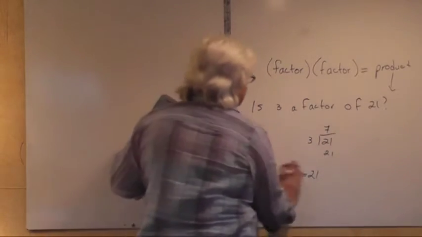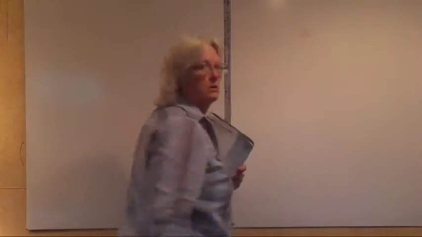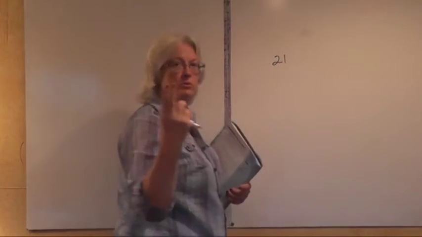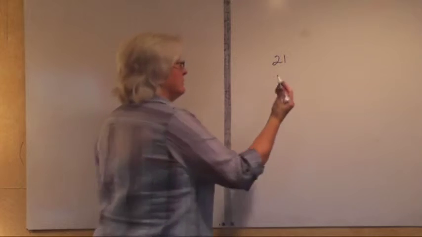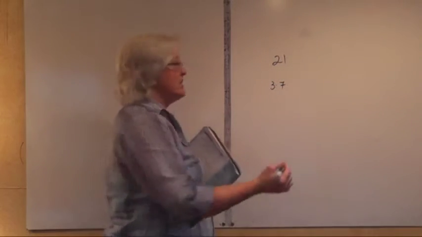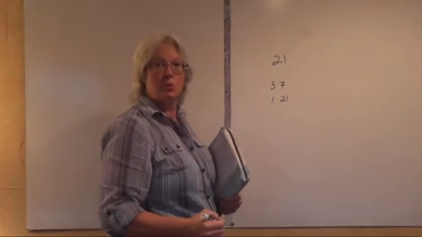Now, let's say that they ask you to list all of the factors of a particular number, 21. What 2 numbers can you multiply together to get 21? Well, we already know 3 times 7 is 21. And of course, 1 times 21 is 21.